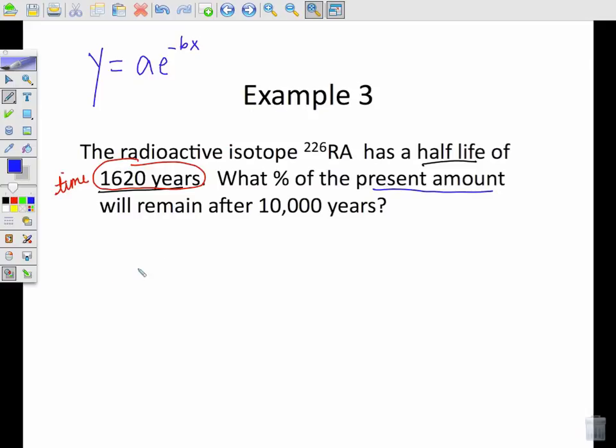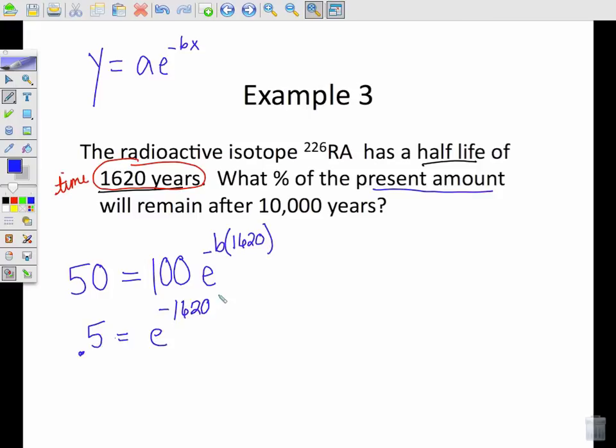We're starting with the original amount. An original amount would be 100%, so that's what I'm going to do. So if we have 100% of something, after a half-life you'd have 50% left. e to the negative b, and the time it takes to get that half is 1620. This is my equation I'm going to set up. This is just to find the b value so we can use it later.